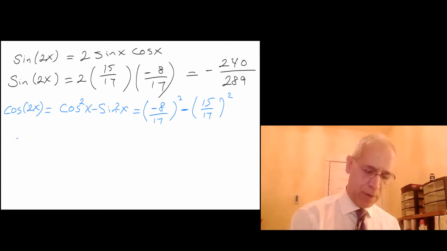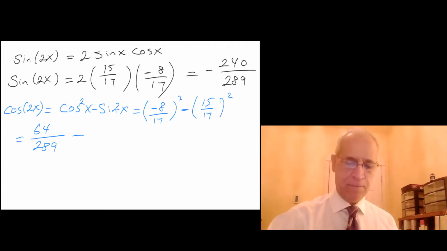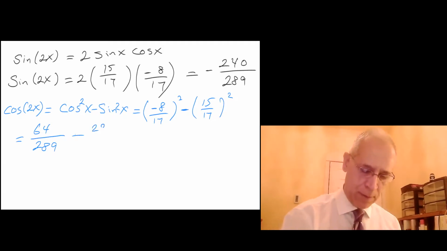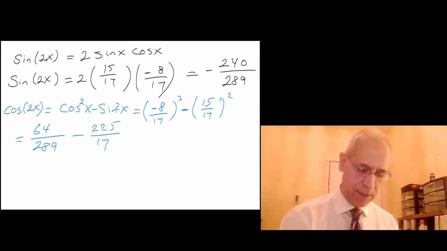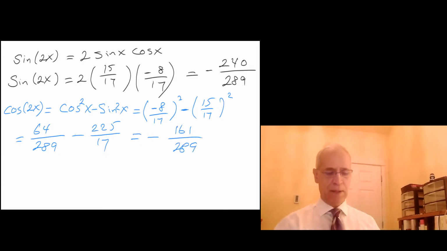And that gives me positive 64 over 289 minus 225 over 289. That gives me negative, I get a 1 and 6 in here, so minus 161 over 289. And that is cosine of 2x.